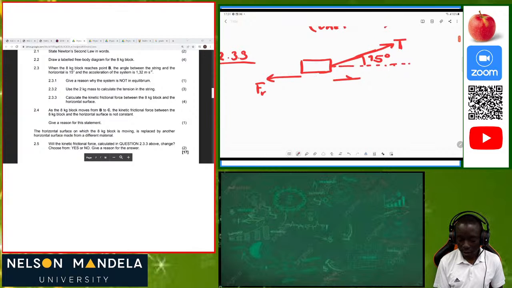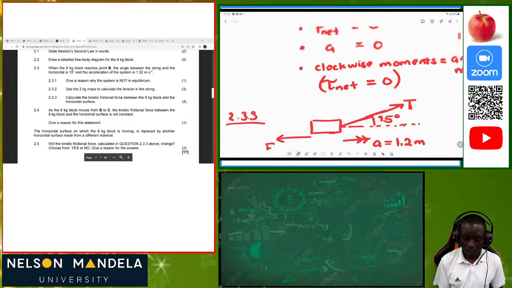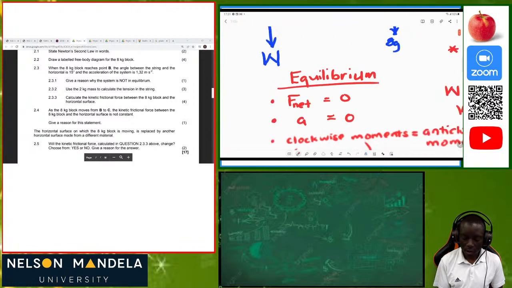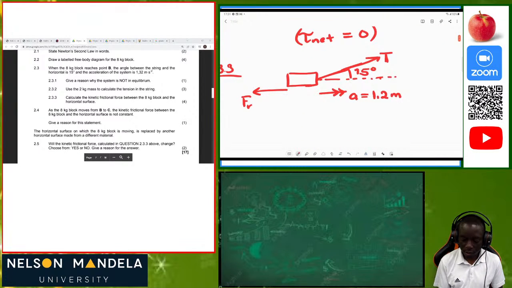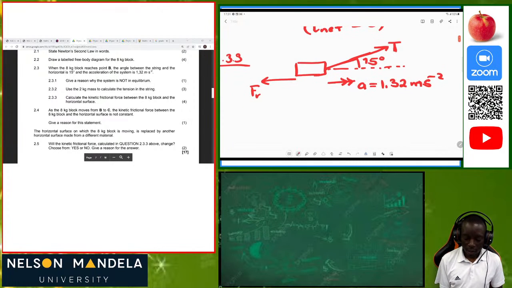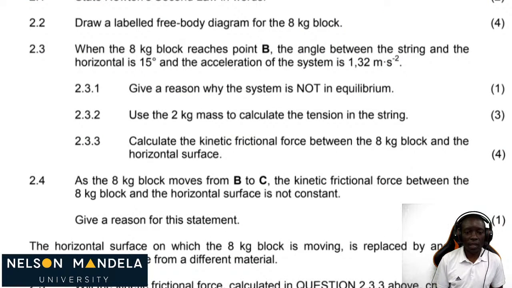And as tension pulls like that, the acceleration A is 1.32 meters per second squared. Let me cross check. Yes, 1.32 meters per second squared, like that. So how do we find the frictional force? Take note, the question requires us to find the kinetic frictional force.